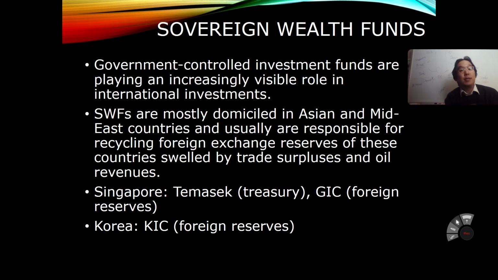Sovereign wealth funds are mostly domiciled in Asian and Middle Eastern countries like the United Arab Emirates, Abu Dhabi, right? And they are usually responsible for recycling foreign exchange reserves of these countries swelled by trade surpluses and oil revenues, right?